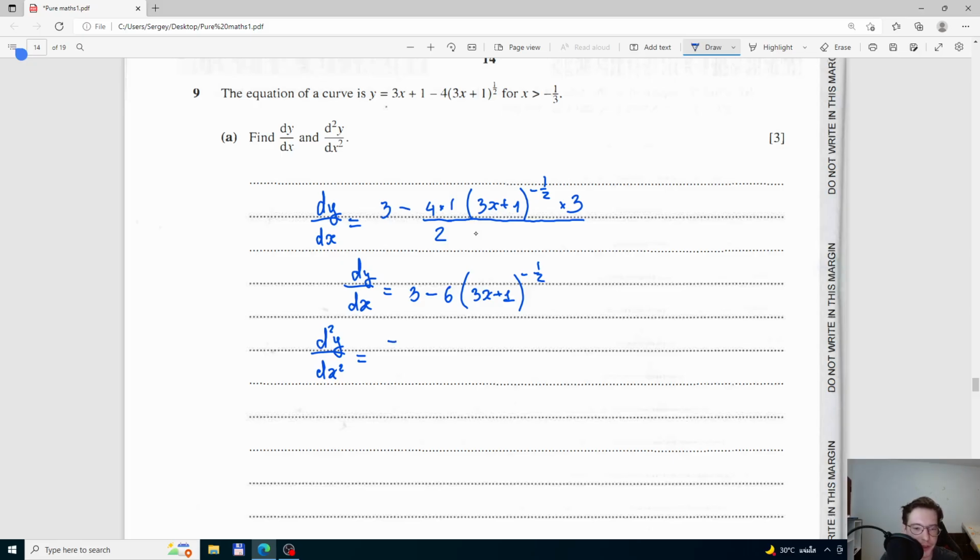So next term, minus 6 times the power minus a half, bracket 3x plus 1. Subtract 1 from the power, minus 3 over 2, times the derivative of the inside function, which is 3. Simplify that, and we get 9 times (3x plus 1) to the power of minus 3 over 2.